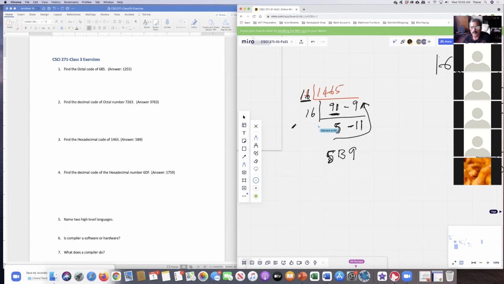Remember, in hexadecimal code, 10 will be written as A, 11 will be written as B, 12 will be C. Oh yeah, that's right. So I had to write B in place of 11. That's why it's 5, B, 9.